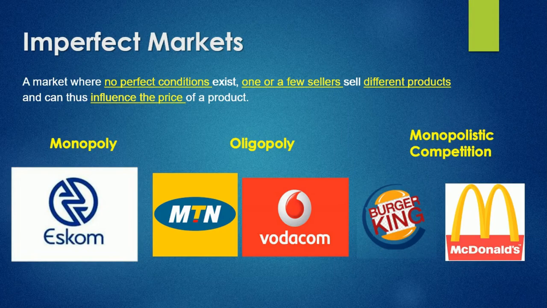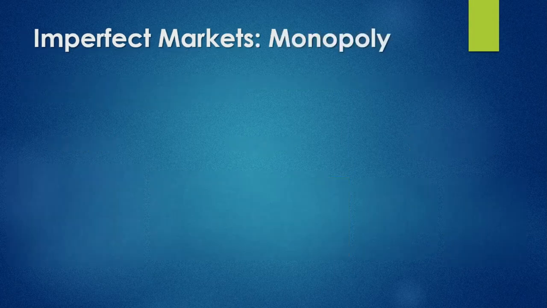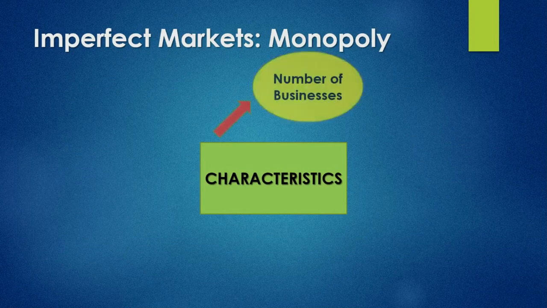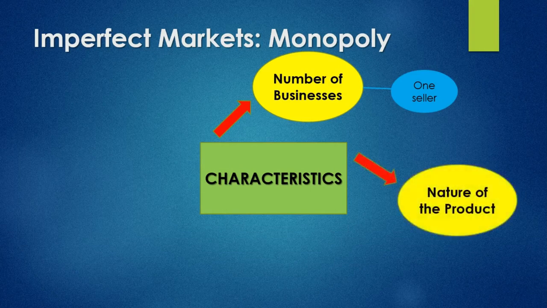So then we're going to move on to monopolies and look at what makes up a monopoly. So we look at some of its characteristics. For the number of businesses, we said we have one seller, one business, which is dominating the market. We look at the nature of the product. What kind of product do they sell?